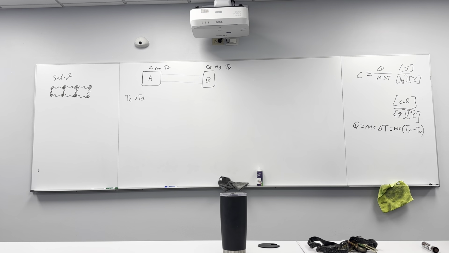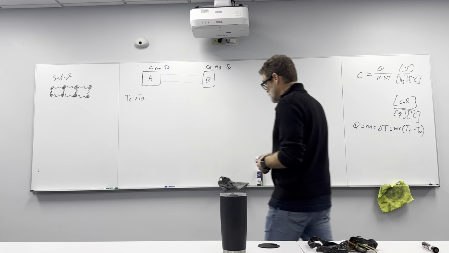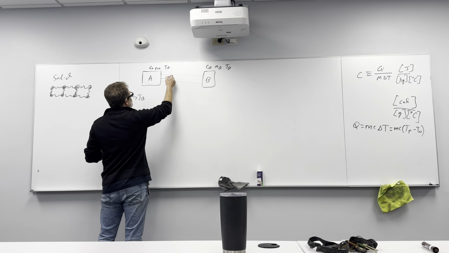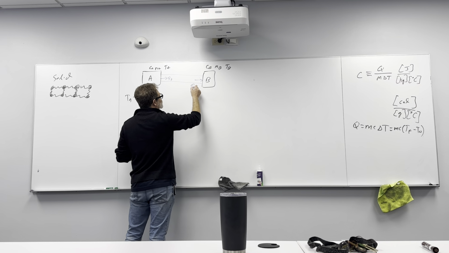What's going to happen when I bring them into contact with each other? B is going to heat up, A is going to cool down, right? Heat's going to leave A and go into B. I'm going to call this QH for the hot object and QC for the cold.